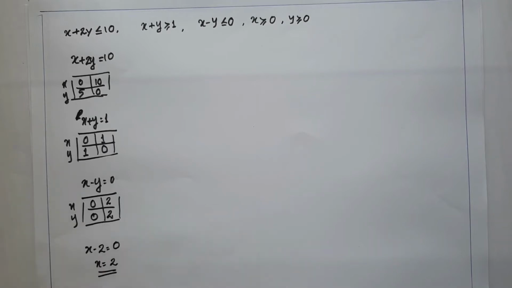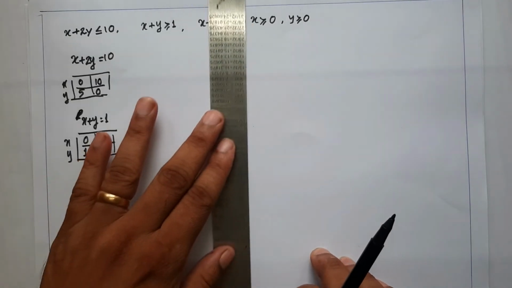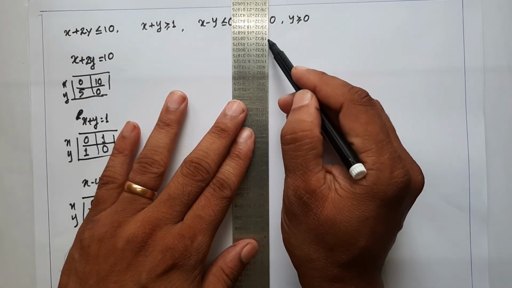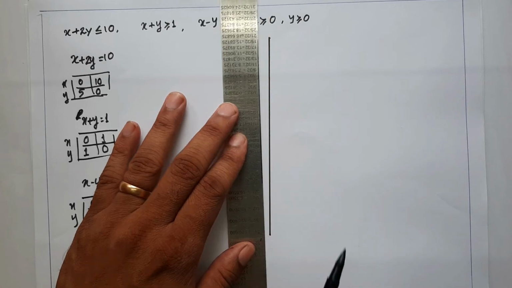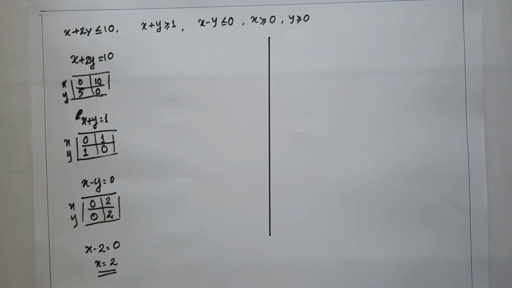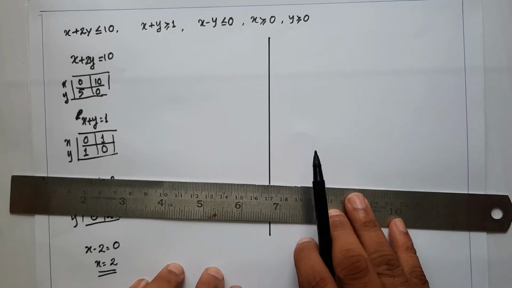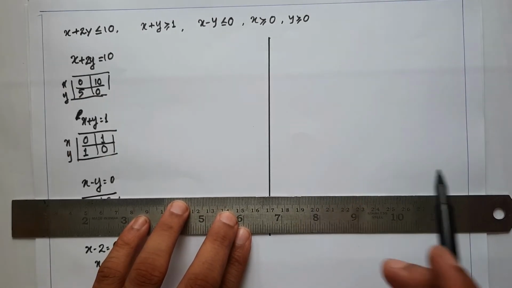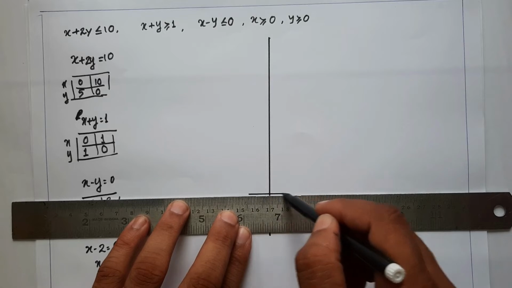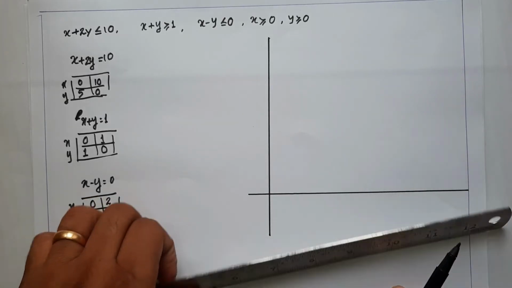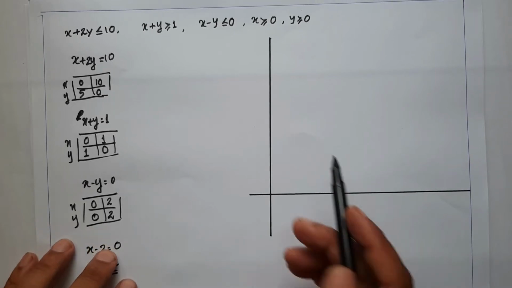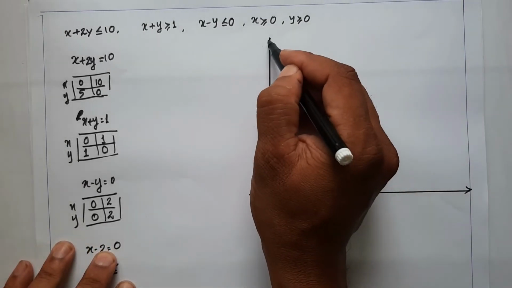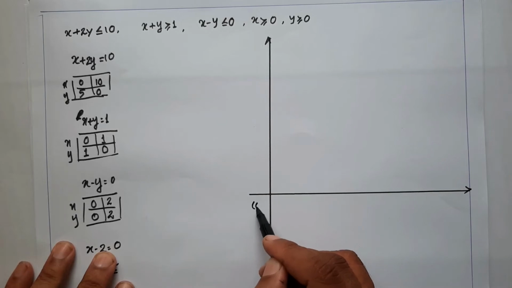Okay, using these three tables we form a graph. This is the origin.